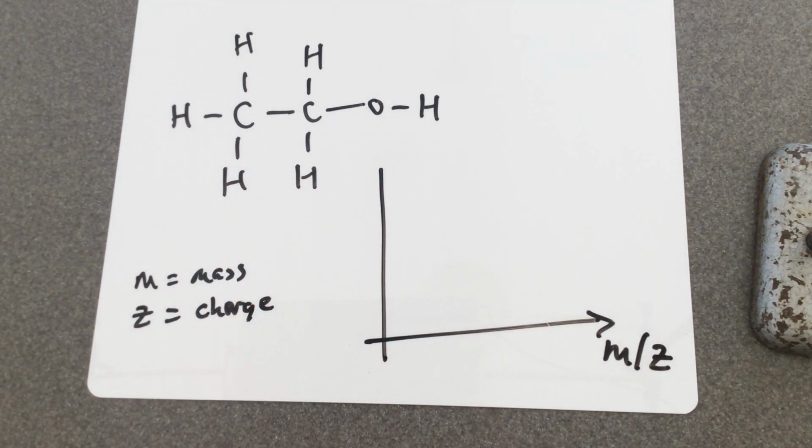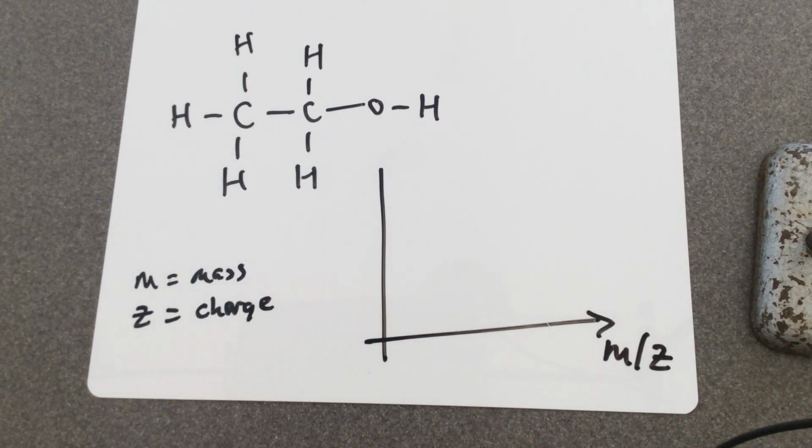So on our x-axis, we are reading the mass of the thing being detected divided by its charge. Now at A level, the great news is we are only ever going to be dealing with things that have a +1 charge. So effectively, because the Z is always going to be 1, this axis is telling us the mass of the ion which is being detected.